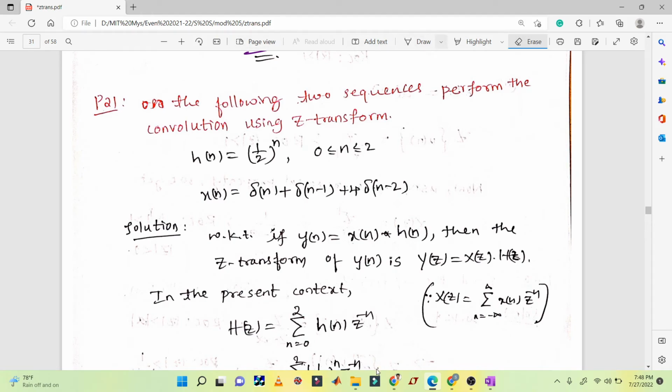We are asked to find the convolution using z transform. So y of n is the convolution of x of n with h of n. Correct? So using z transform, y of z is x of z multiplied by h of z.